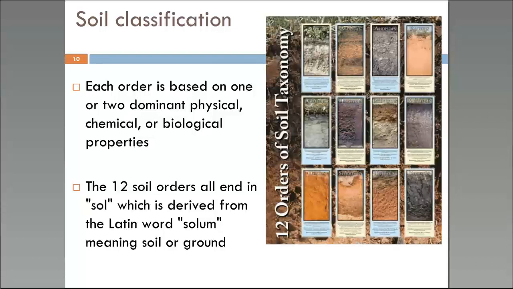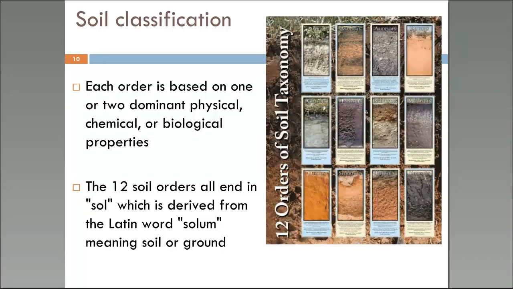And soils are classified in much the same way that plants and animals are. If you'll remember from biology, the plant taxonomy is kingdom, phylum, class, order, family, genus, species. Well, soils also are classified in a similar manner.